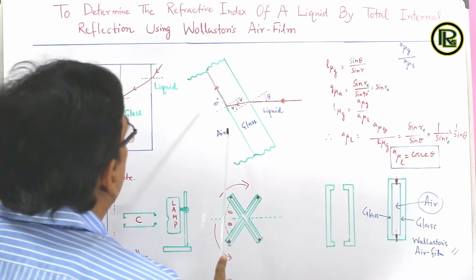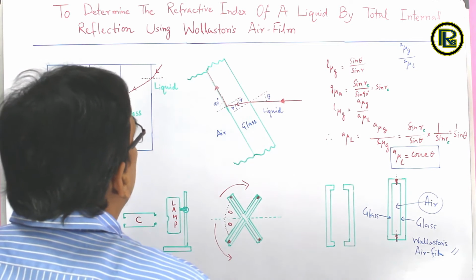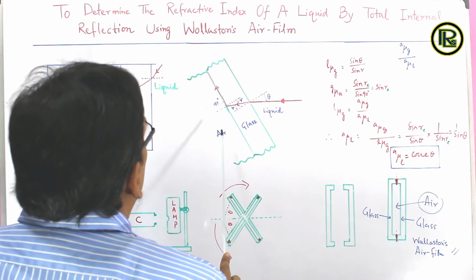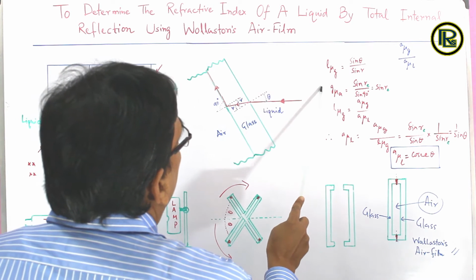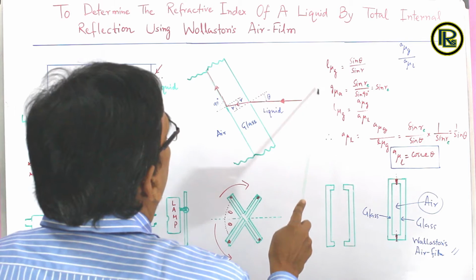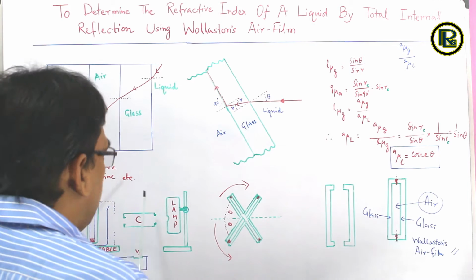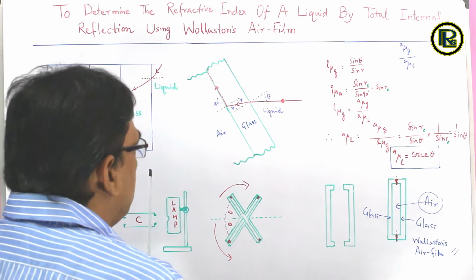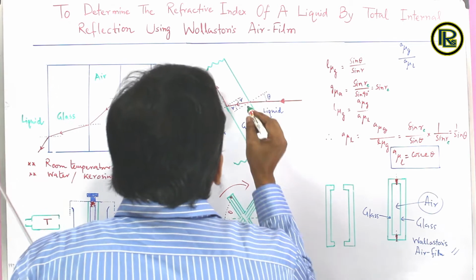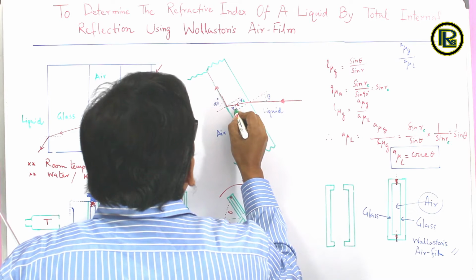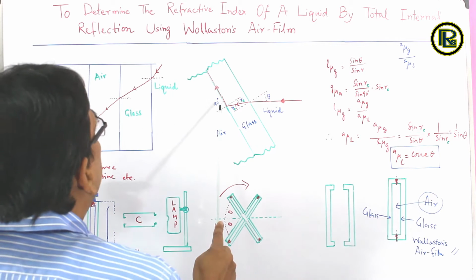And at this point there is another refraction. The refractive index of air with respect to glass, glass to air, is sin R upon sin of the angle of refraction. At the critical angle we call R as RC, and then the angle of refraction is 90 degrees.